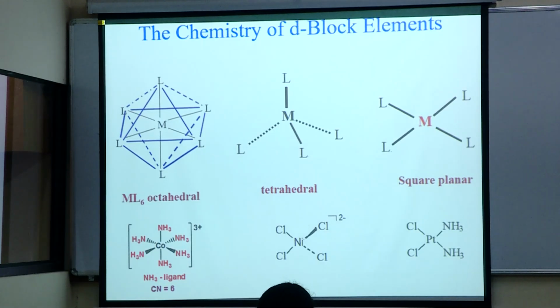Those are the 3d metals, and then you have 4d metals, and then 5d metals. You have so many transition metals, and so this M refers to one of those metals. Transition metals can be scandium, titanium, vanadium. So then you have manganese, iron, cobalt, nickel, all that, right?